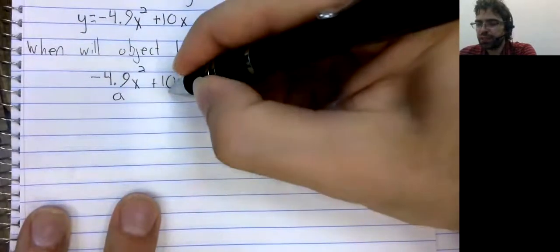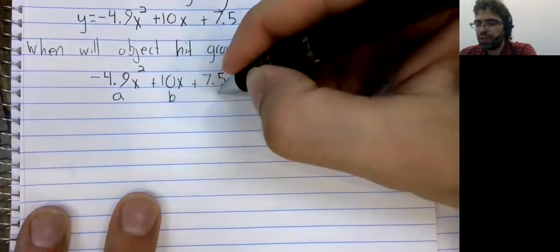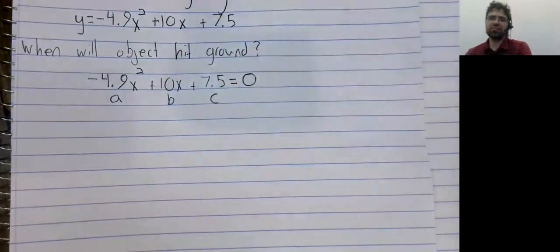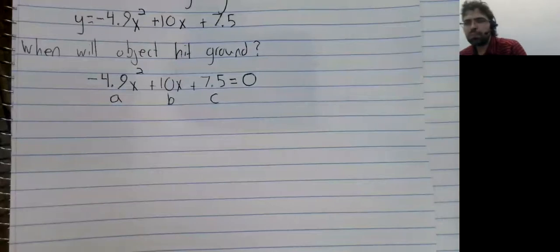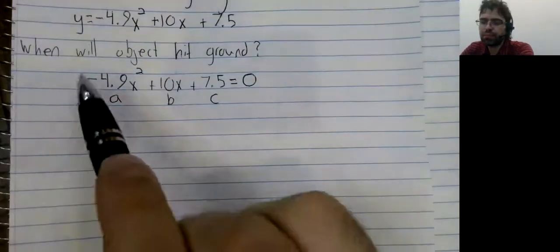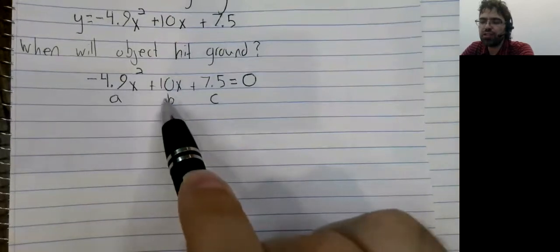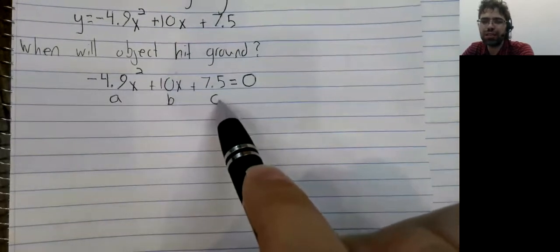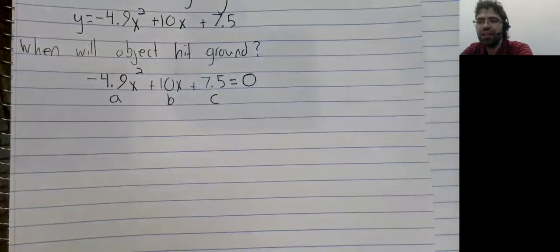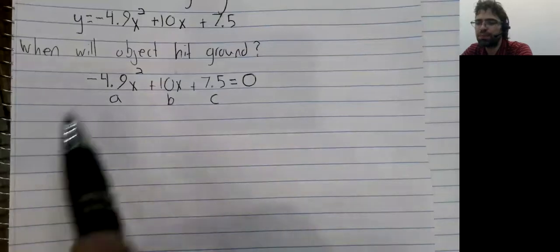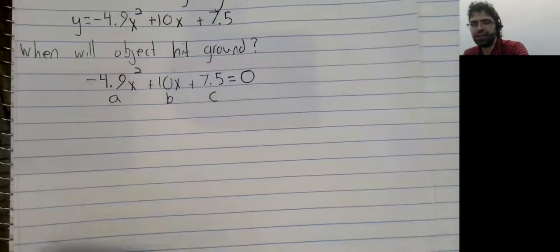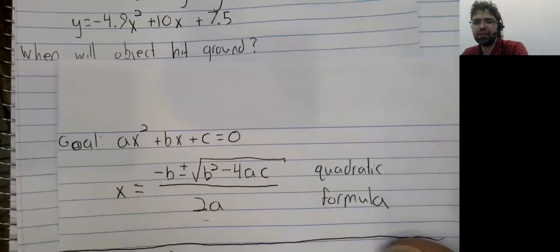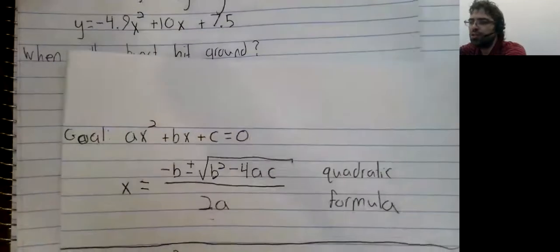This is a, this is b, this is c, and although our coefficients are rather uglier than they were in the previous example, it's still plug and play with this formula.